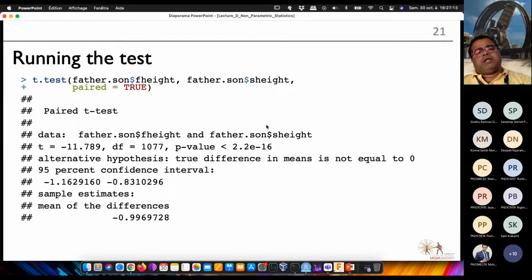Can anybody tell me whether this value is greater than alpha or less than alpha? Remember that alpha is 0.05. What is this value? This is 2.2 times 10 to the power minus 16. Is it greater or smaller?